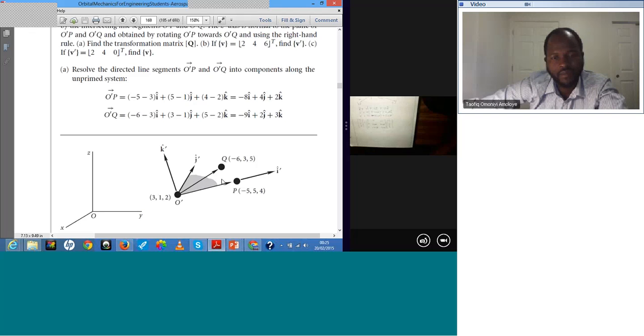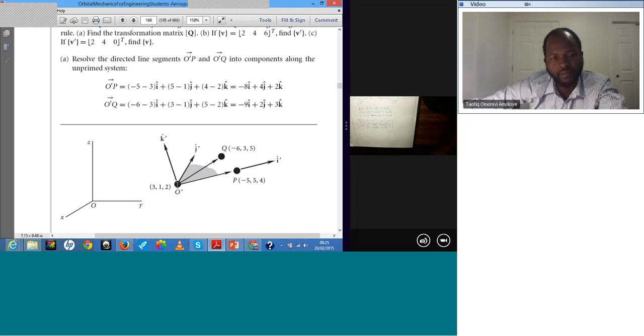Since we have the coordinates of the starting point of the line and the end point of the line, and the coordinates are referenced to the x, y, z axis of the unprimed system, we just do -5, -3 for the component on the x-axis of the unprimed system, and that's why we have -5, -3 there.